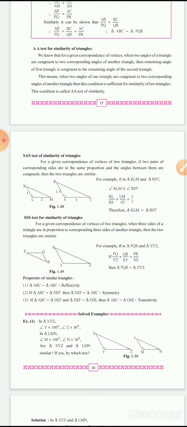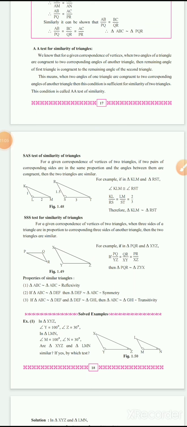Means if a triangle is similar to a second triangle, and the second triangle is similar to a third triangle, then the first triangle is similar to the third triangle.